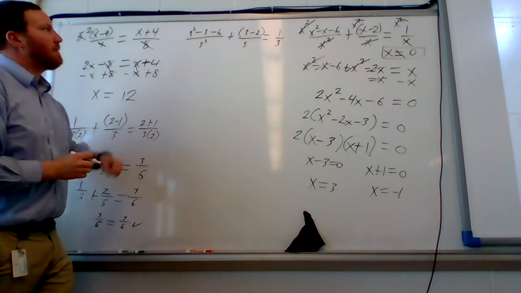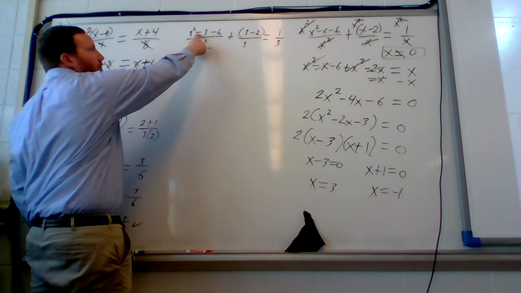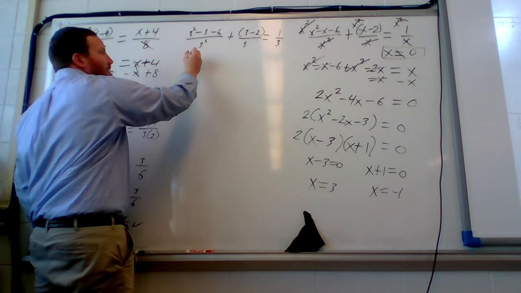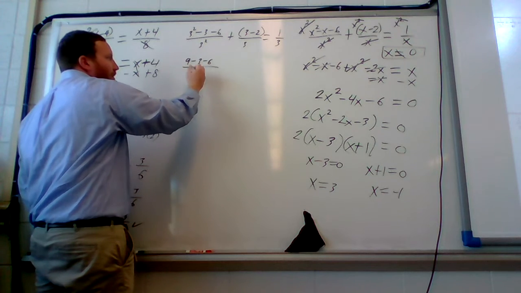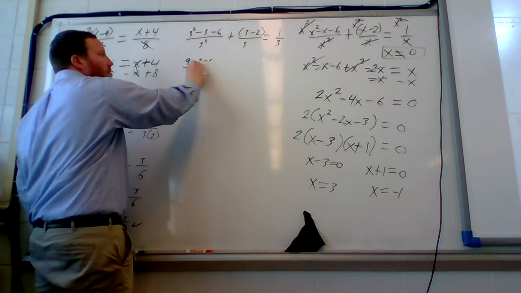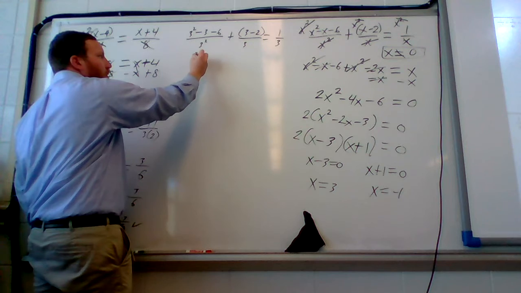So 3 squared gets you 9. Minus 3 minus 6 would be 9 minus 9, which gives you 0 on the top.